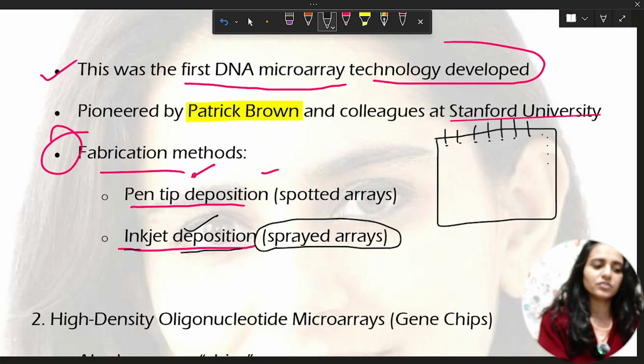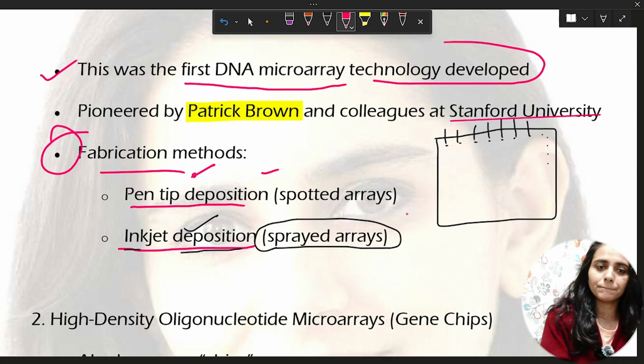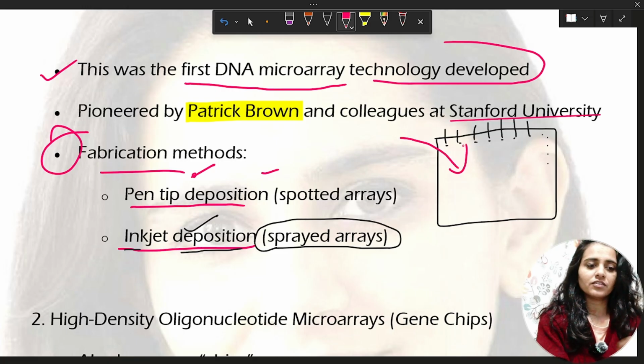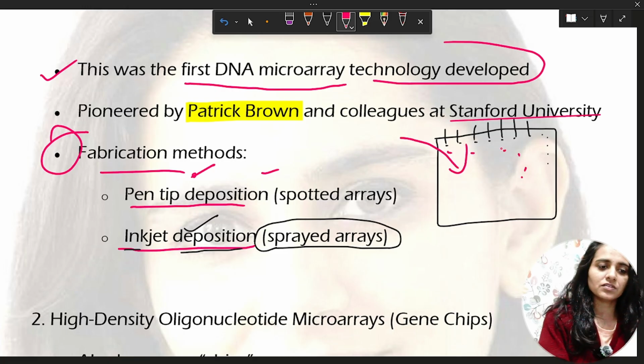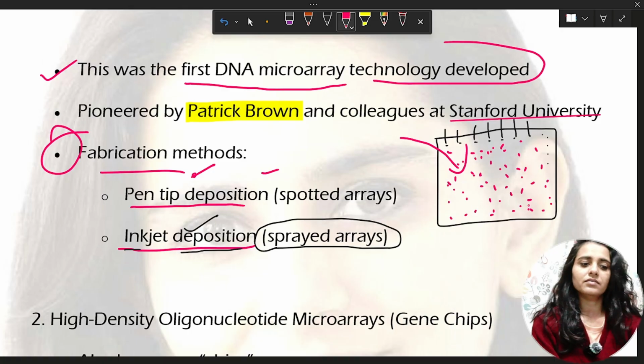Inkjet deposition means we just spray the probe on the solid surface, and it arranges wherever the spray particles go and spread.